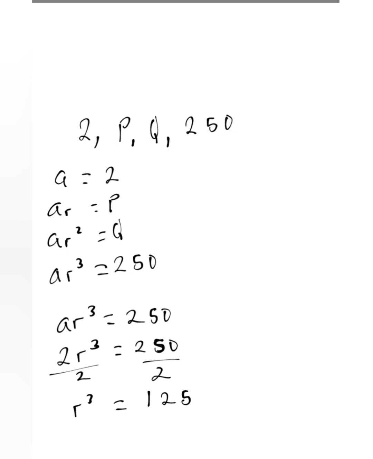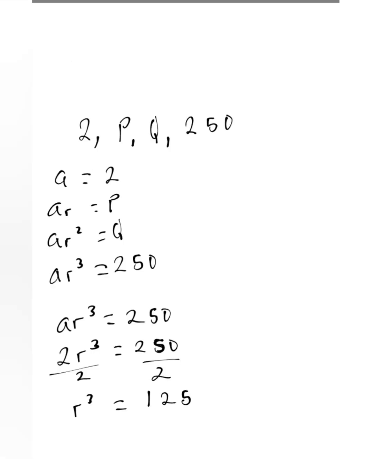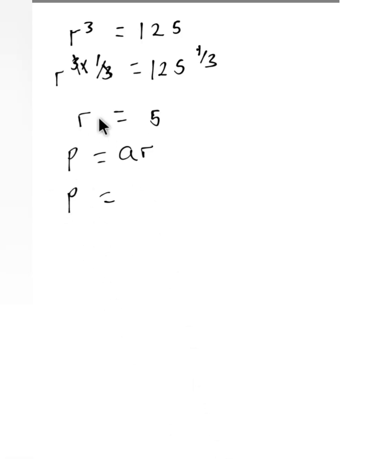If we go back, we have that ar is equal to p. So p is equal to ar. Hence p is equal to a, which is 2, times r, which is 5. So 2 times 5, and that will give us 10. p is equal to 10.